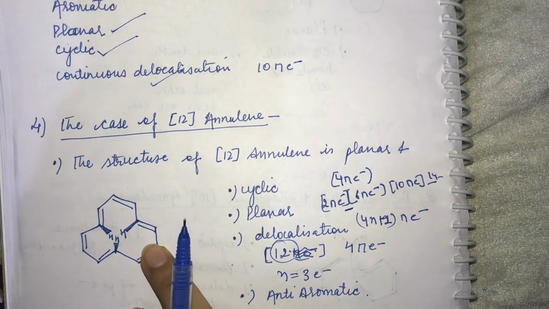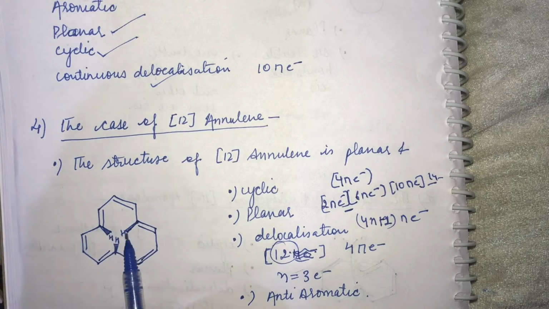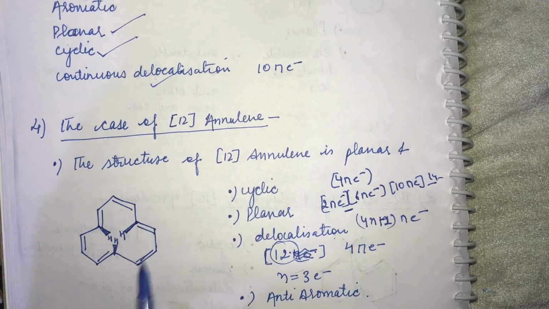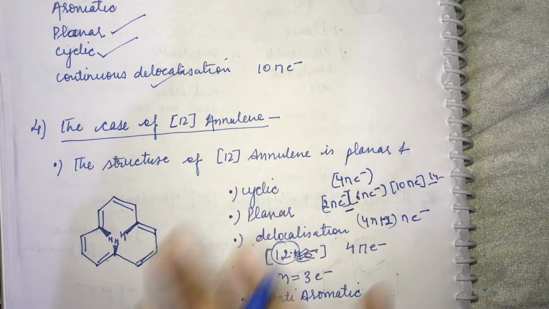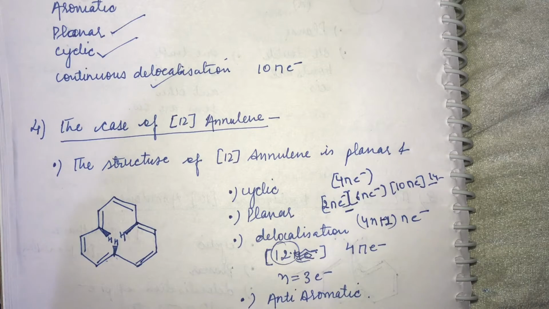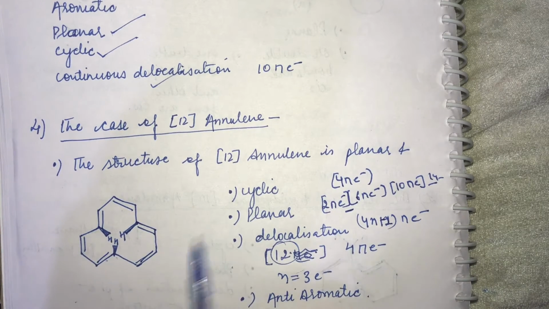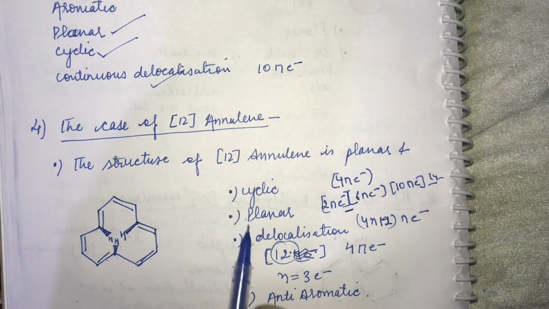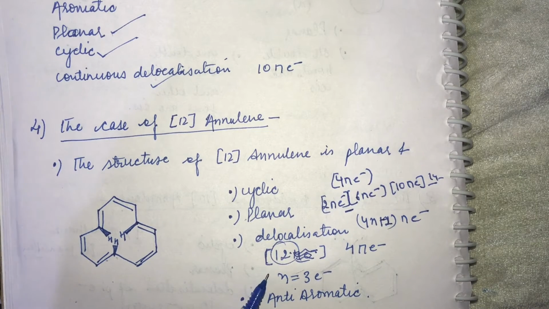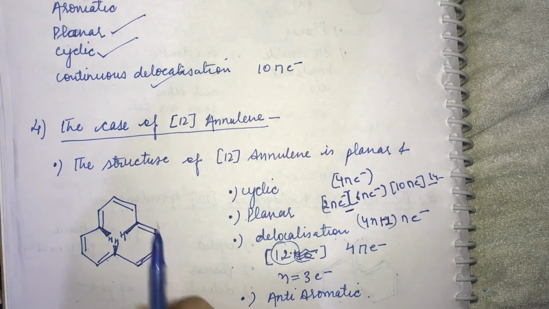Let's explain this. The three hydrogens present here in the ring are far enough apart that they do not create any strain for the planar arrangement. So this is a cyclic and planar system having continuous delocalization of pi electrons and fulfilling the first condition, but the number of pi electrons continuously delocalized is 12.